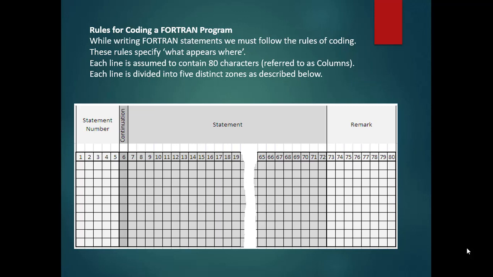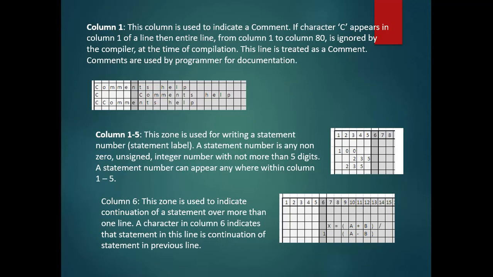So when we look at this, if we talk about column number one, this column is particularly to be utilized when you want to insert any kind of comment. So to insert a comment, you have to write the character C in column number 1 only.